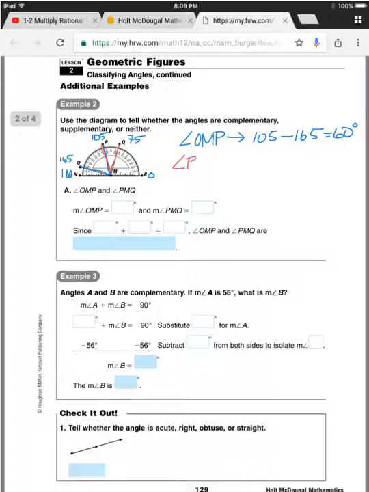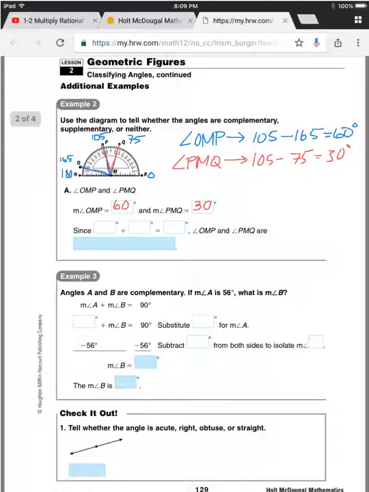PMQ runs from 105 to 75. And when you subtract those, you get 30 degrees. So you know that PMQ is 30 degrees measurement. So we have 60 degrees and PMQ is 30 degrees.